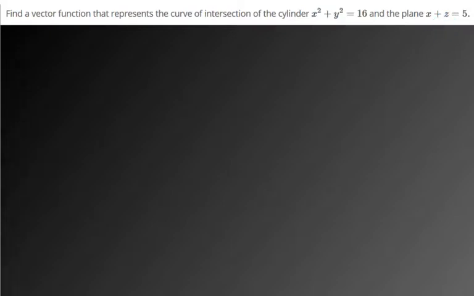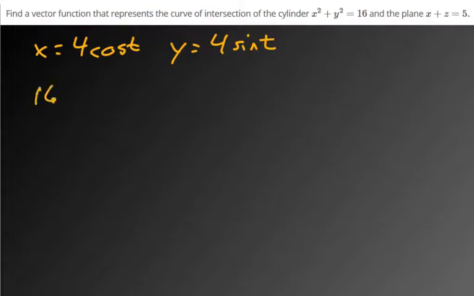So this is basically just a circle with a radius of 4. If you let x equal 4 cos t and y equal 4 sine t, and you plug it in, you're going to get 16 cosine squared plus 16 sine squared.